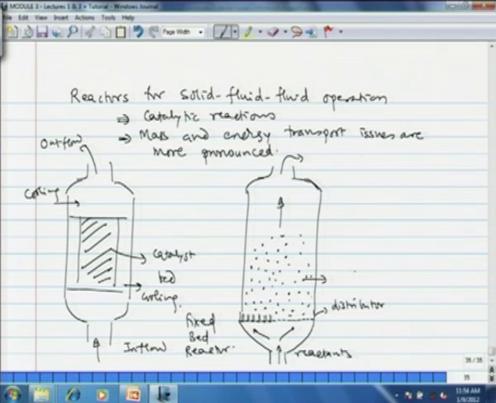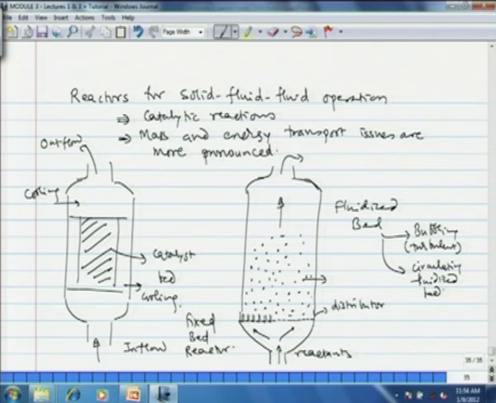So this is the fluidized bed reactor. A fluidized bed has two operating regimes: bubbling or turbulent, and circulating fluidized. These reactors have everything mixed, so their performance is very similar to a CSTR.